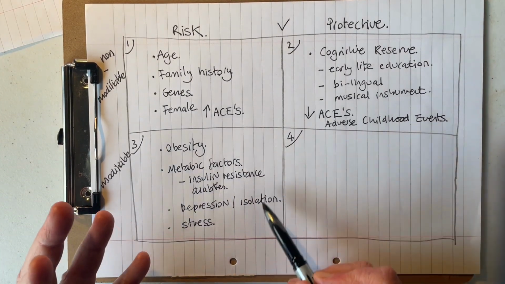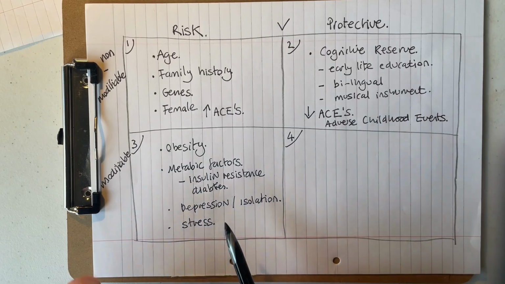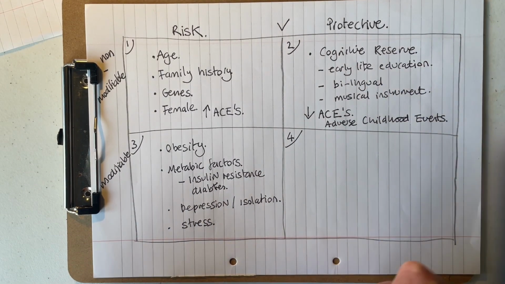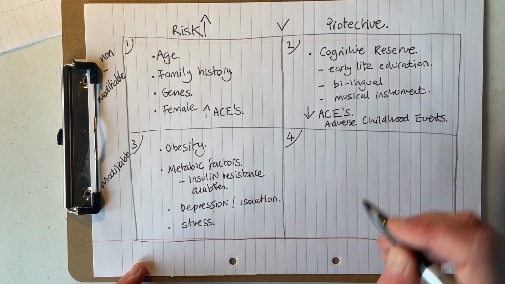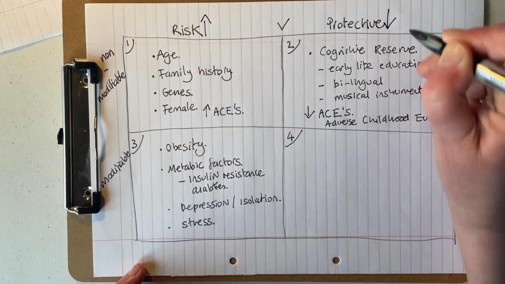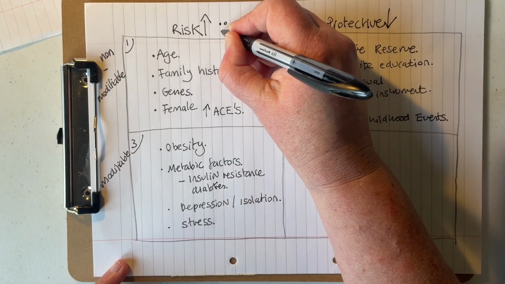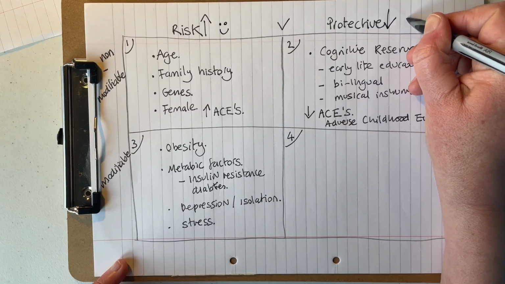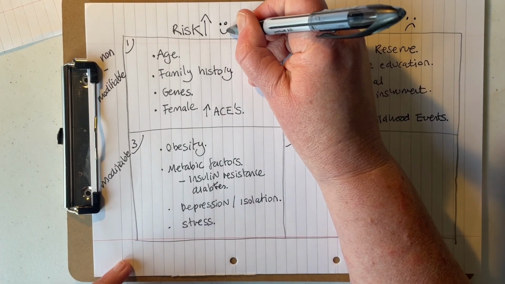But they're all things, if you think of it this way, that mightn't make you feel very good because they're all about increasing your risk. So this increases your risk and this brings it down. It's like saying this is happy, and this is sad. Oh no, the other way around.